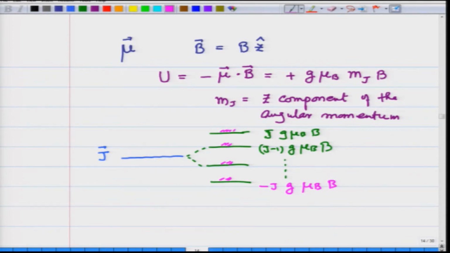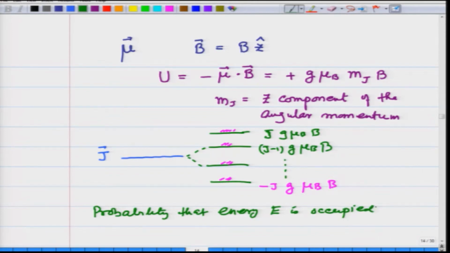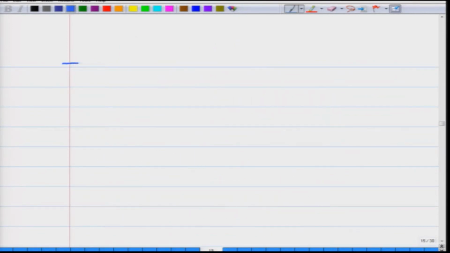However, the number of atoms in each level is going to be different. That is because the probability that energy E is occupied by an atom is going to be proportional to e raised to minus E over k_B T. Therefore, if we put it all together, here is this atom with level given by j, and this has split into different levels.